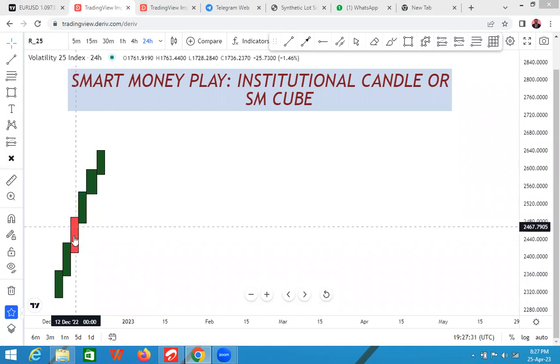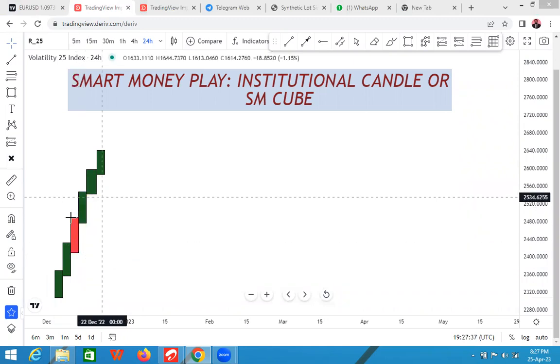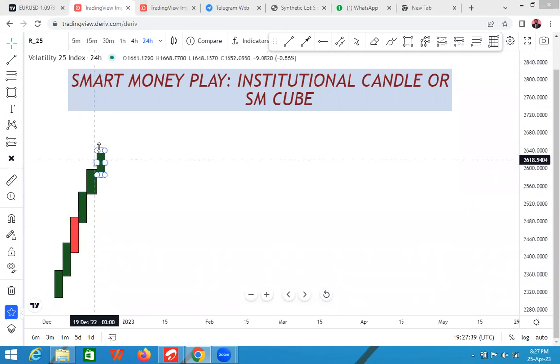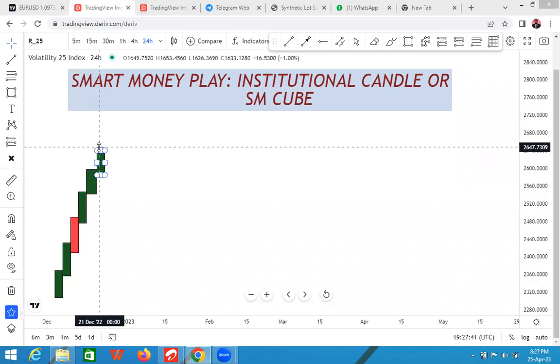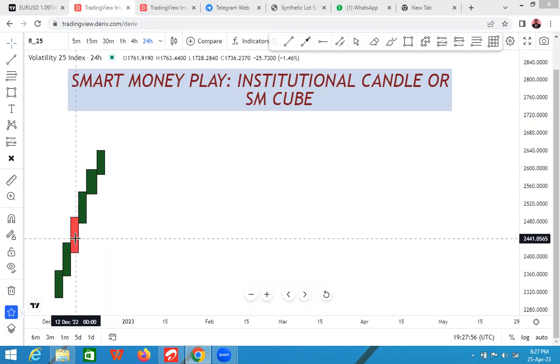As we jump in, we expect that price will just keep going down. Then price all of a sudden clears all the stops, and then price goes up sporadically, in the opposite direction, in the former direction. So this candle itself is what we call the institutional candle or smart money cube.